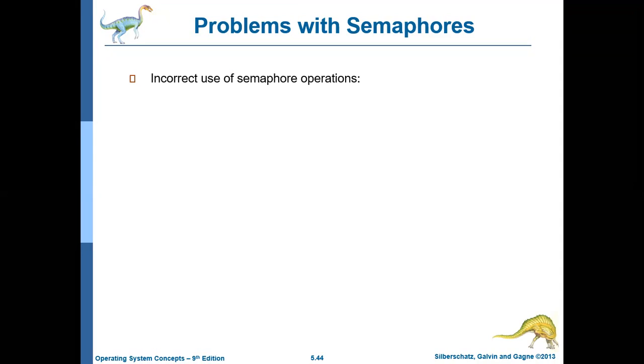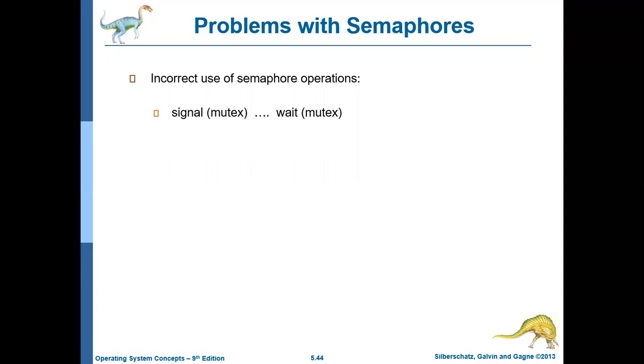Such issues will not happen in monitors, because monitors provide predefined structures where the programmer cannot make mistakes, knowingly or unknowingly. That is how monitors differ from semaphores. Otherwise, the operations they perform are the same. First, let us understand under which circumstances semaphores will create problems.